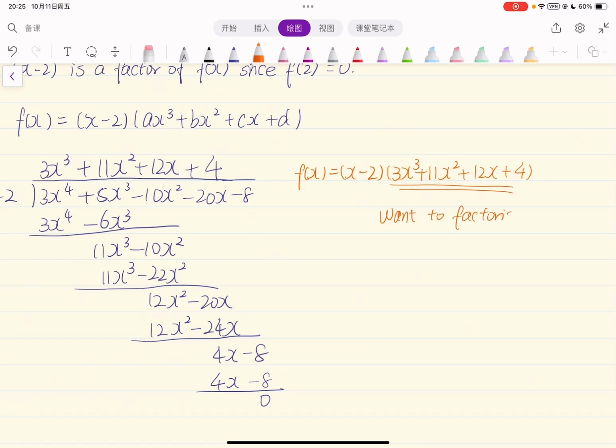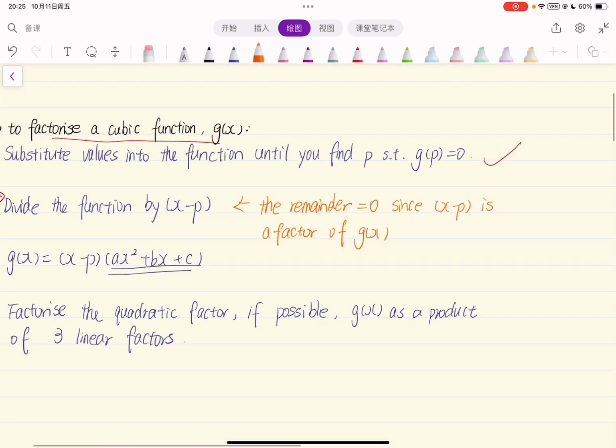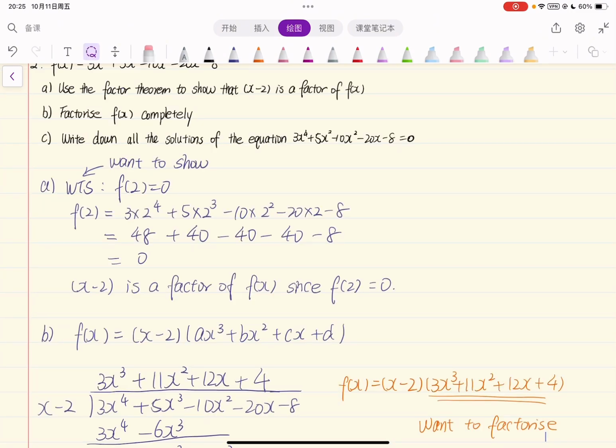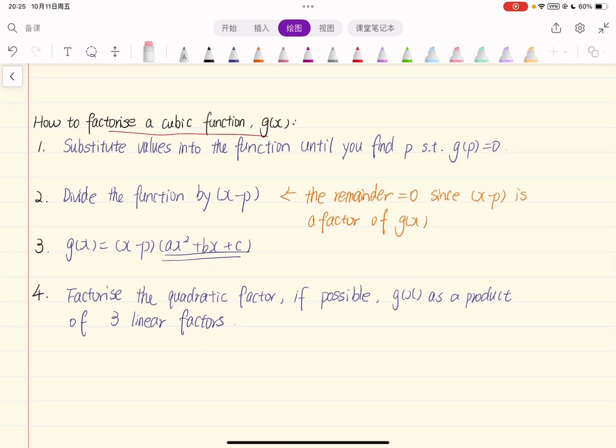So how do we factorize it? In the previous part, I taught how to factorize a cubic function. So now we need to substitute values into the function until we find p such that g(p) equals 0.